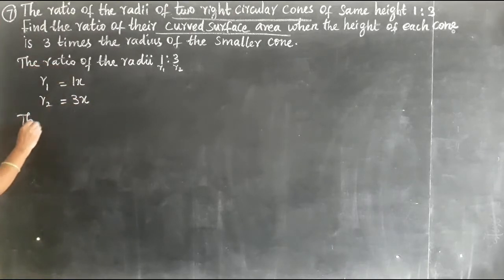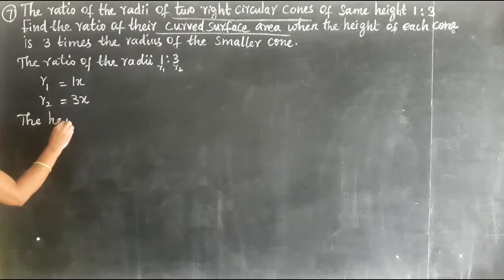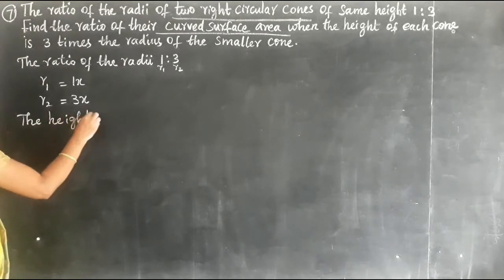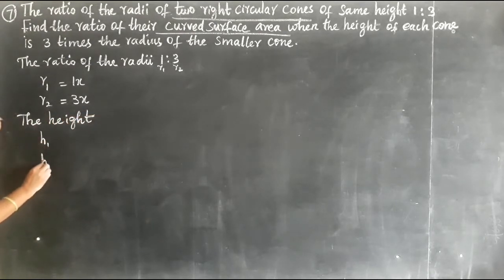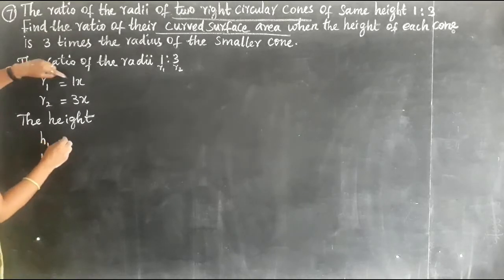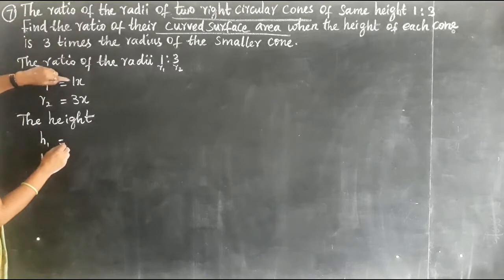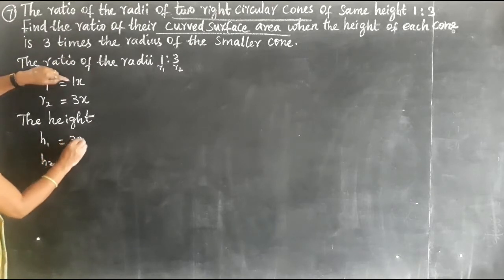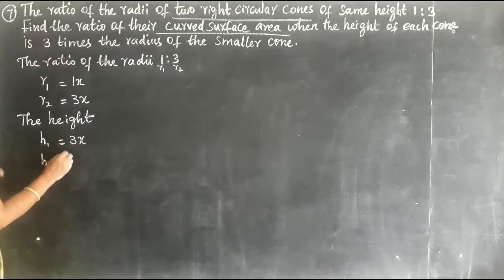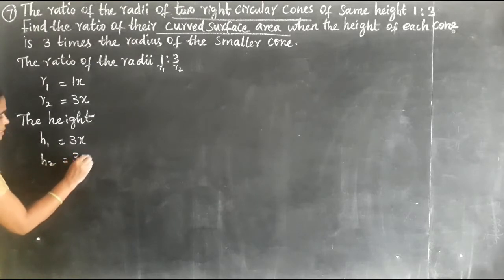Say the height is h1 and h2. So 3 times the radius of the smaller one. Here smaller one is 1. So 3 times, 3 into x. And the next one is 3x.